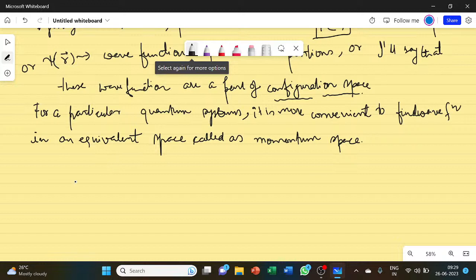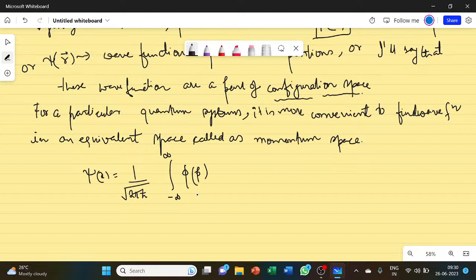Right now, because we are discussing Fourier transform, this particular transformation is related by Fourier transform. So your psi of x you can write as 1 upon root 2 pi h-bar, integral from minus infinity to plus infinity, phi of p, which is the wave function in the momentum space, e to the power i p x upon h-bar, dp.